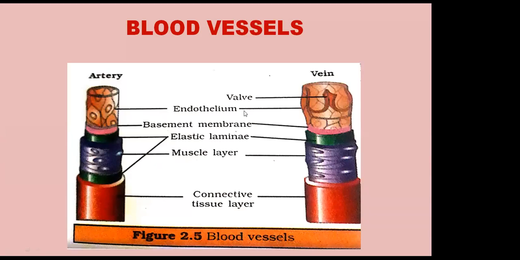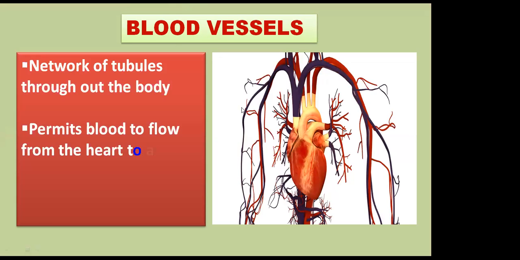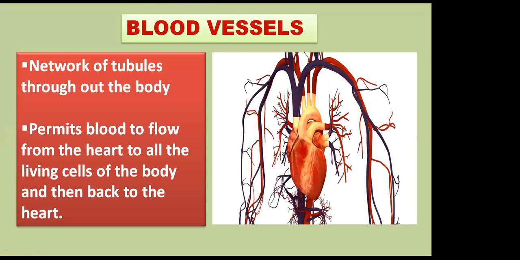Blood vessels. What are blood vessels? Blood vessels are the network of tubules throughout the body which permit blood to flow from the heart to all living cells of the body, then back to the heart. Here you can clearly observe the network of tubules coming out of the heart.